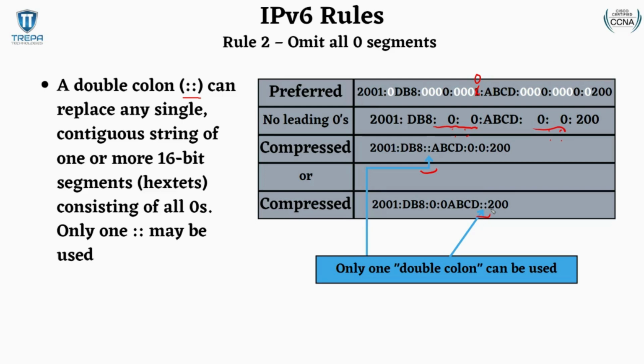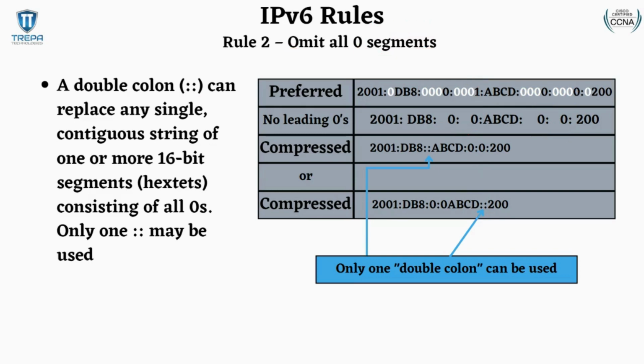So again, our 2 rules are what? Omit all 0 segments. I like to say continuous segments, because we have 2 segments here, but we can only do 1, right? Because it's interrupted by other digits, right, in that hextet. So a hextet has to contain 4 zeros to be able to be compressed or condensed to a double colon, right? And it has to be continuous.